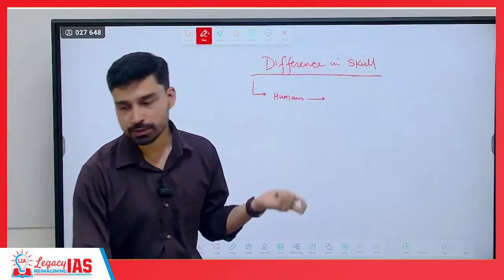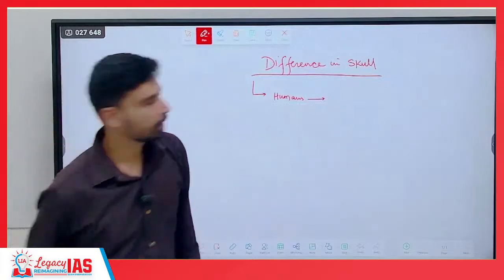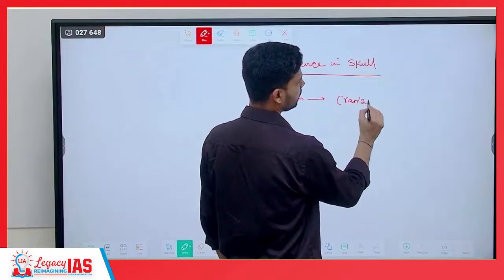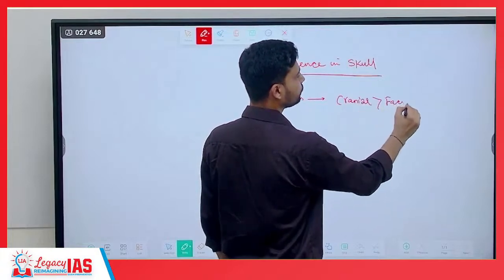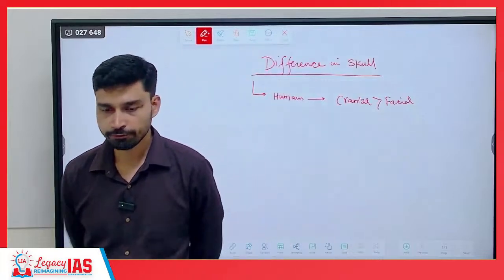So you can write, in humans, the cranial part is larger than the facial part.